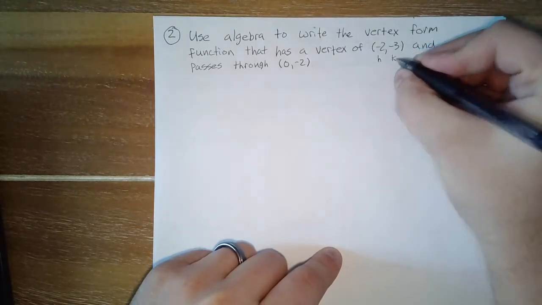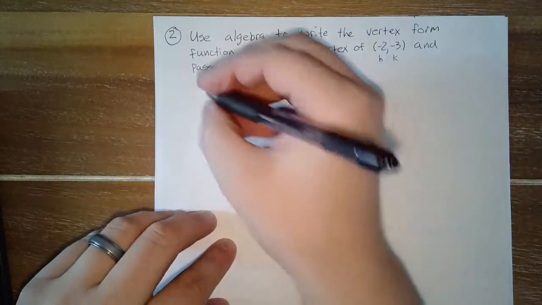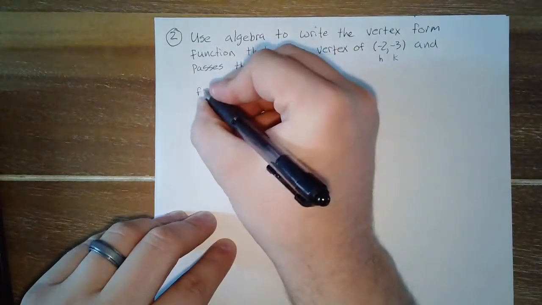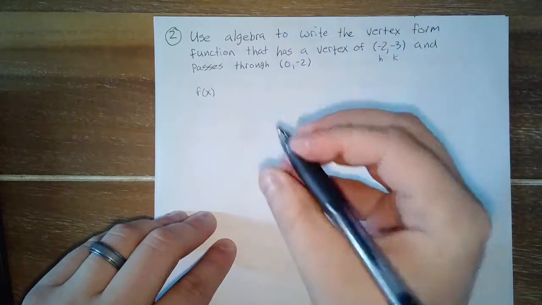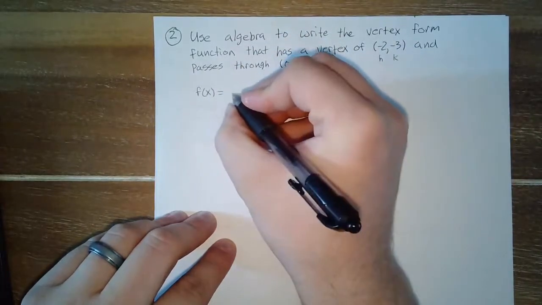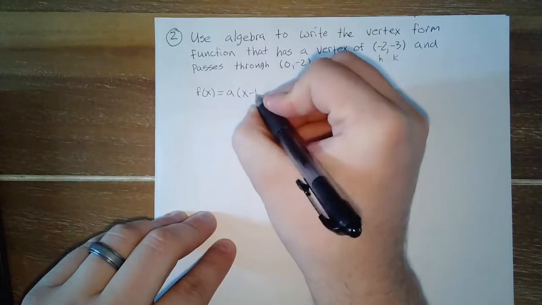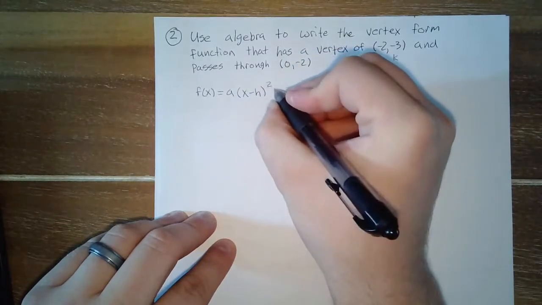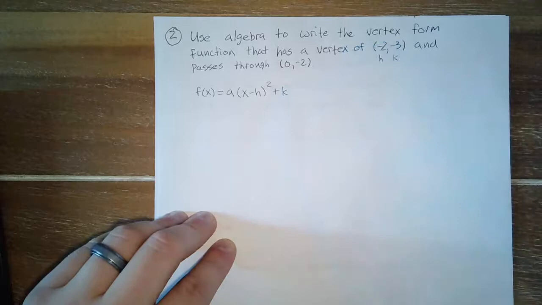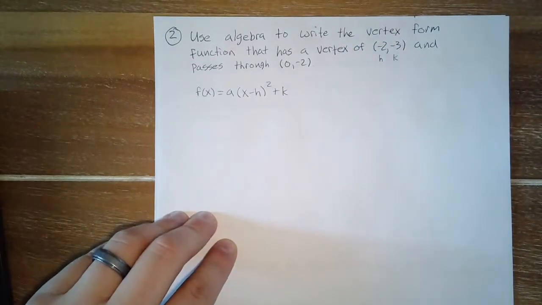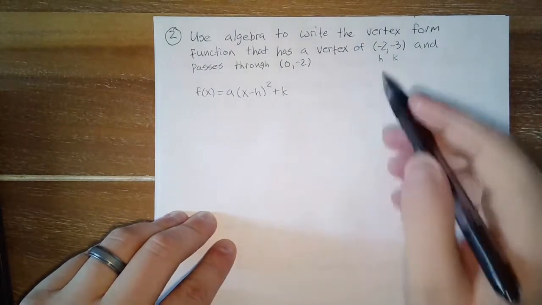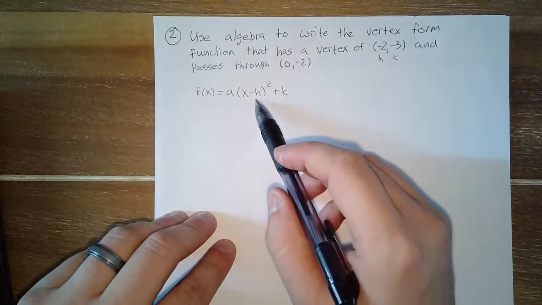And I will write what the vertex form for any quadratic function would look like, which is a times x minus h squared plus k. Since we have this vertex, we can plug in our h and k values right away.